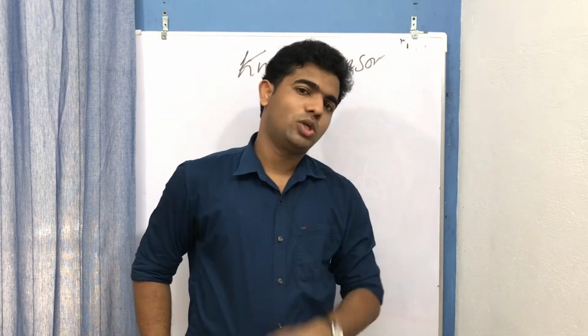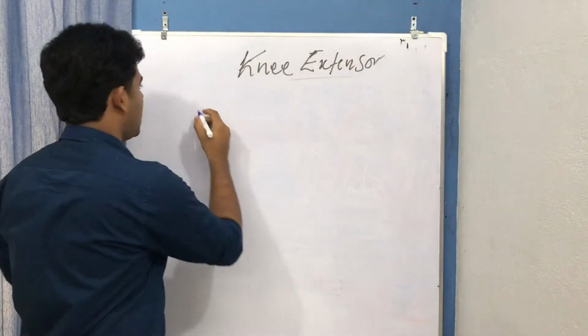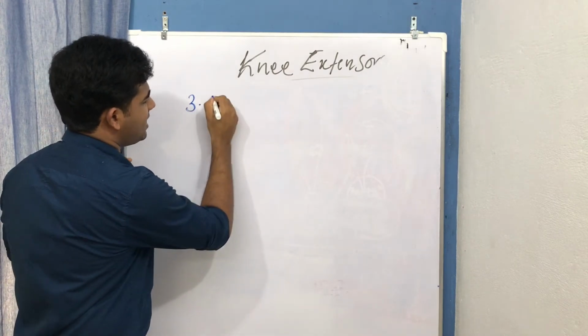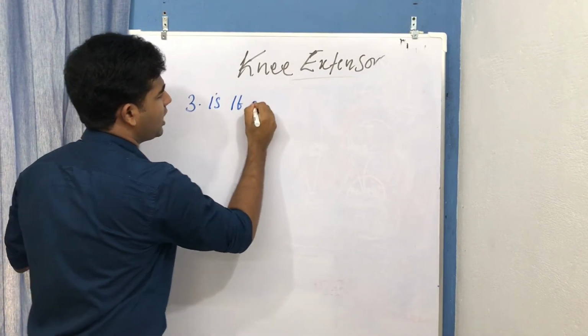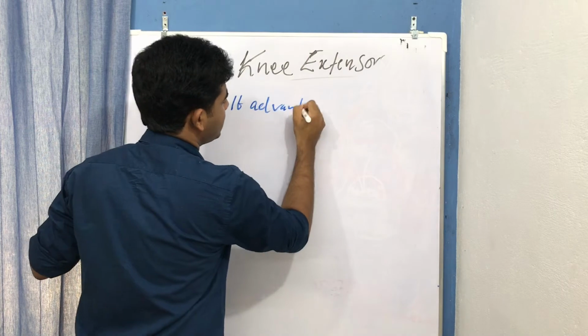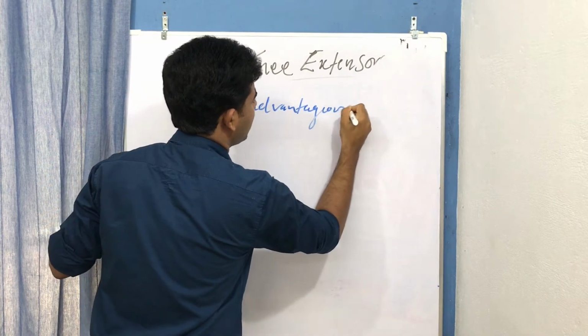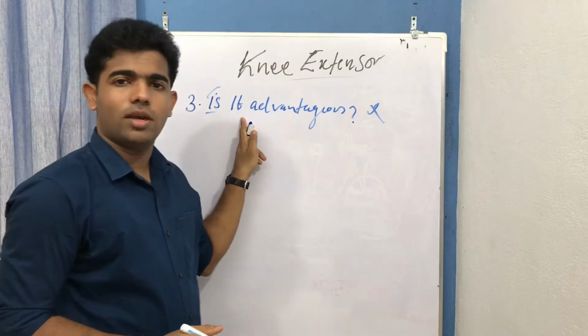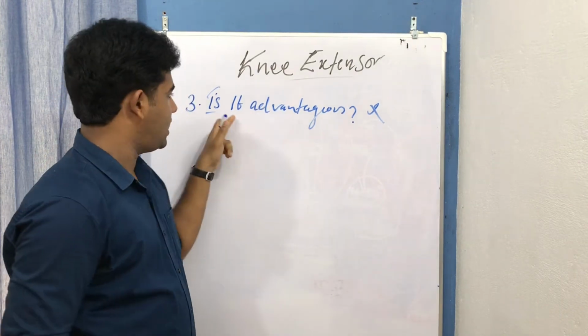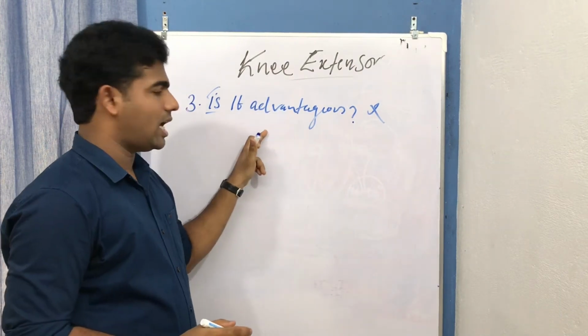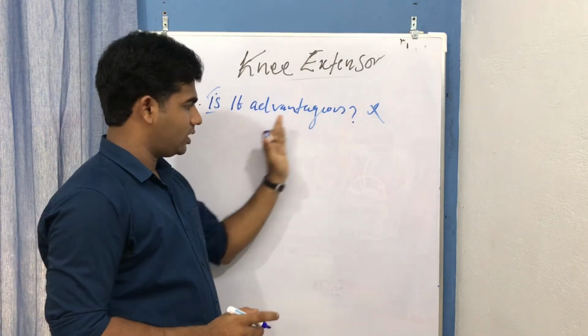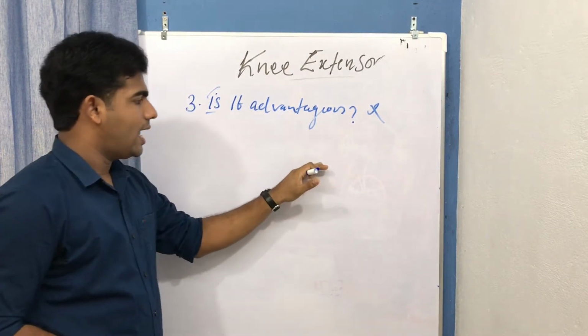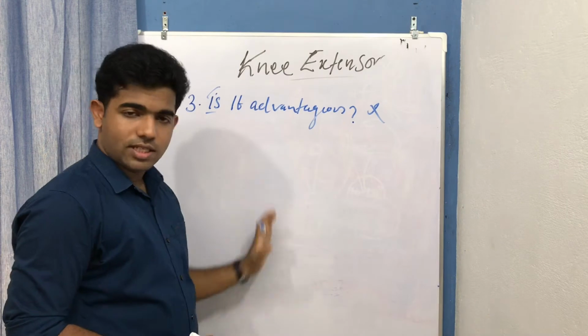And now we move on to our third point of discussion, that is, is it advantageous? I want to just ask you, is it advantageous or is it not having any disadvantage? What am I talking about? The patella. The patella is increasing the quadriceps moment throughout the range, it is increasing from here to here, and it is decreasing, and finally it has a role.